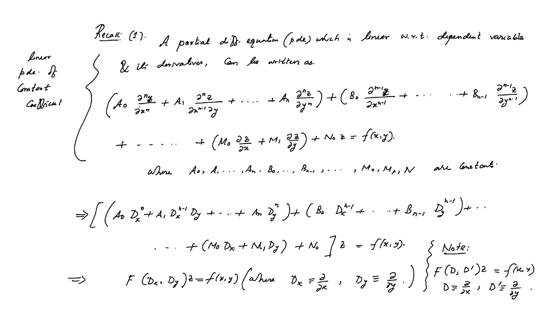Now we'll write one important theorem so that we can recognize it. So here our next is recall 2. If we consider the general solution of 1 as z, then we can write z = zc plus zp.